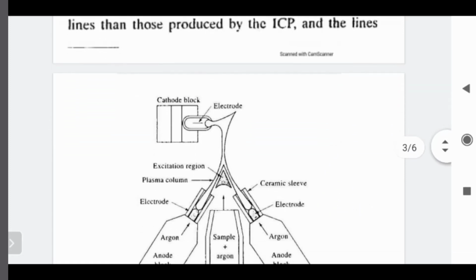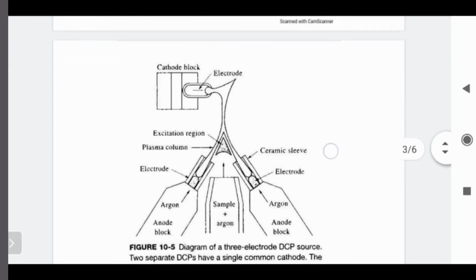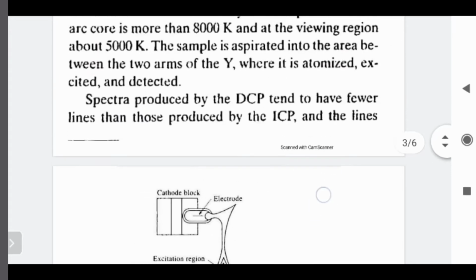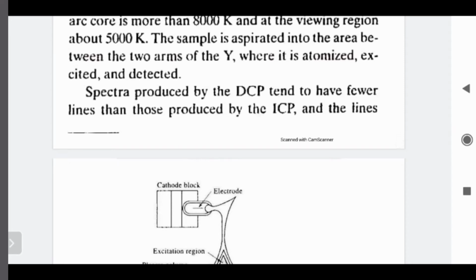Okay, so in the diagram it will be quite clear. The sample is aspirated into the area between the two arms of the Y, where it gets atomized and excited, and the detection takes place once the sample gets excited.